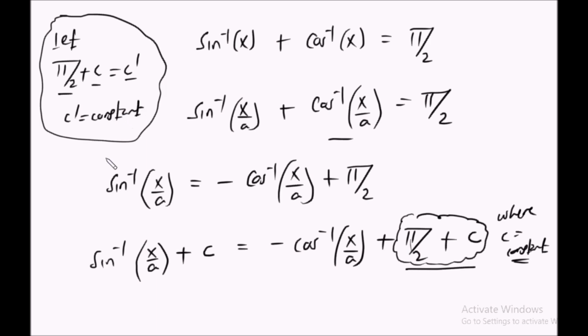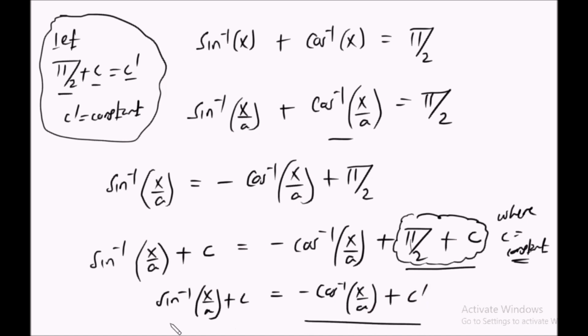So you can see now kwamba sin of inverse of x over a plus c ni sawa na negative cos of inverse of x over a plus nini? Plus c dash. Kwa hiyo yale majibu mawili niliyopata ni jibu hilo hilo moja. Okay? So that's just what I wanted to prove here. Kwamba those two answers I got is just the same.